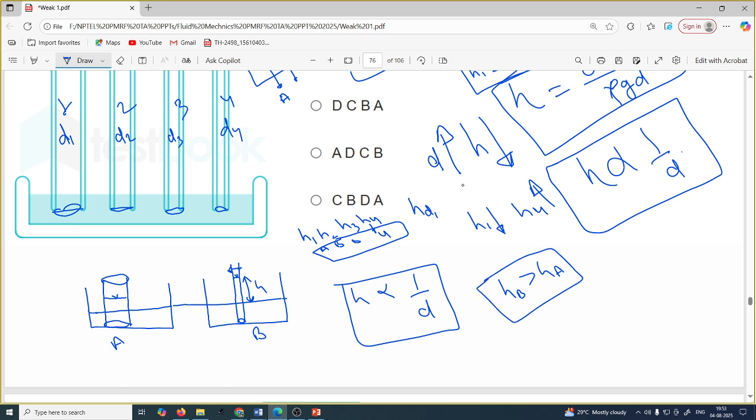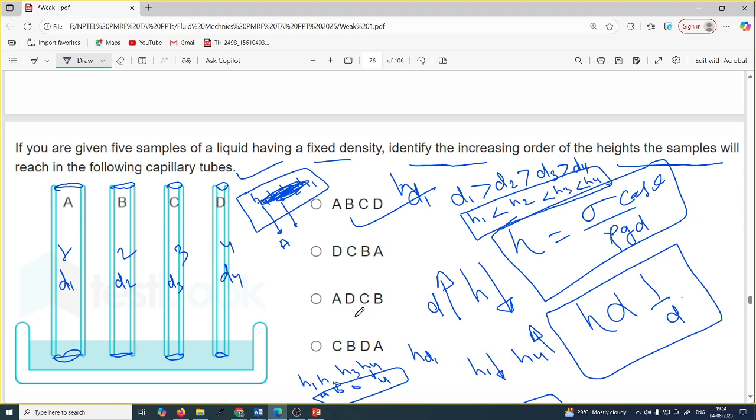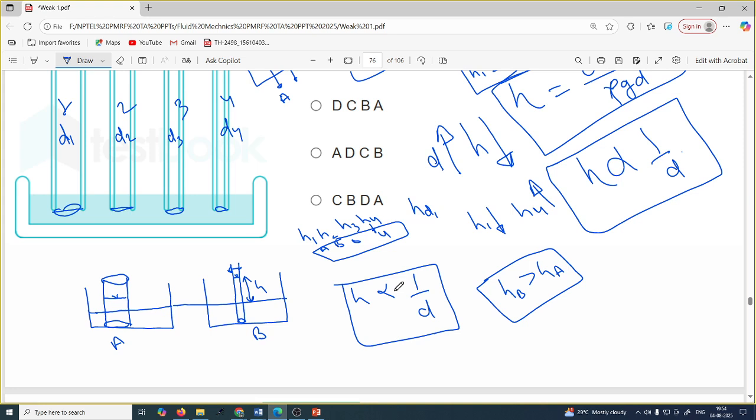If I tell you to write in ascending or increasing order, how will you write? Increasing order means first you write the smaller one, which will be hA, then the bigger one hB.